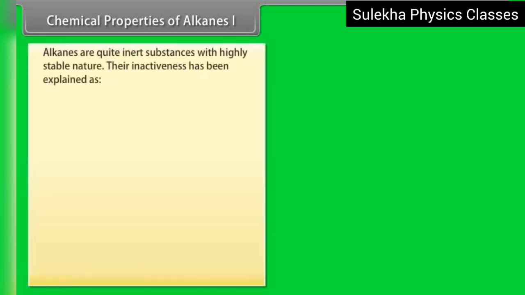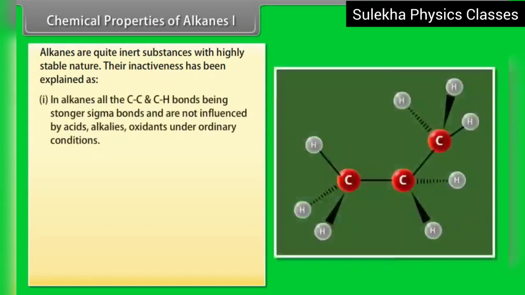Chemical properties of alkanes Part 1. Alkanes are quite inert substances with highly stable nature. Their inactiveness has been explained as follows. Number 1. In alkanes, all the carbon-carbon and carbon-hydrogen bonds are strong sigma bonds and are not influenced by acids, alkalis, or oxidants under ordinary conditions.